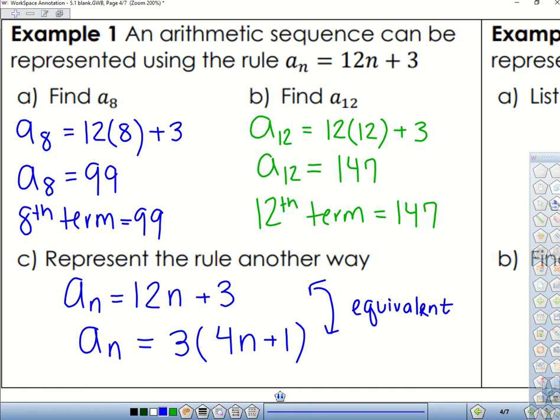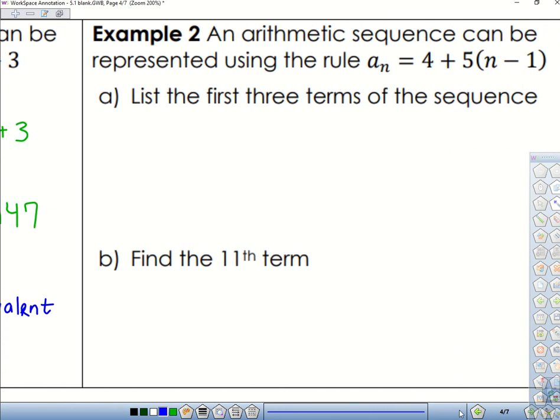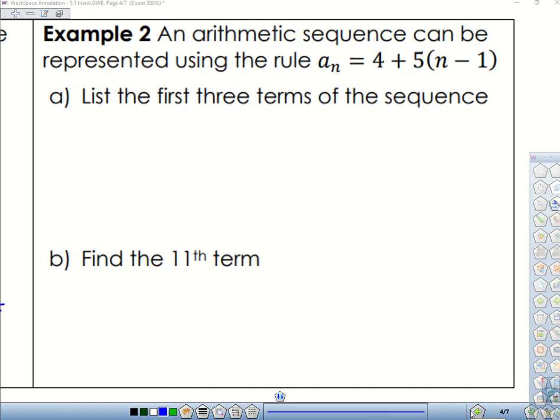All right, let's go ahead and look at example 2. They give us the arithmetic sequence that can be represented using the rule a sub n is equal to 4 plus 5 times n minus 1. In this particular case, this is already in the standard formula form, the form that you see on your sheet. This one is explicit rule form.